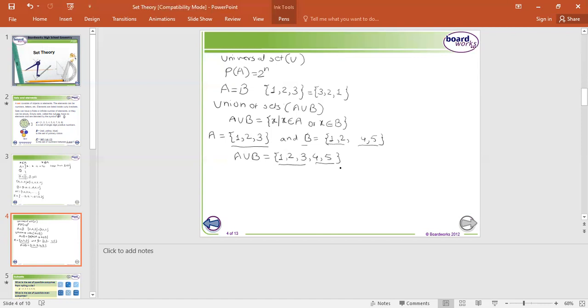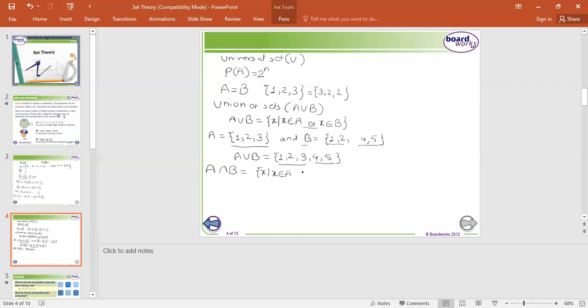Now we will see the intersection of sets. If A and B are any two sets, then the intersection of sets A and B is the set of all elements which are in both A and B. It is denoted by A intersection B. Here x belongs to A. We have seen the OR in union.